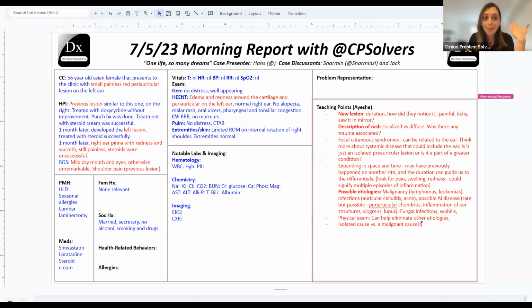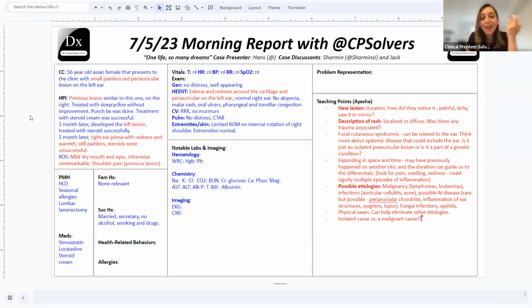So I don't know if a topical one would be enough to have any effect, or with something like lymphoma, we often think about them as steroid responsive, but is the dosage of just a cream enough to induce any changes? So other things like infection maybe are a little less likely here, but yeah, we'll have to see.